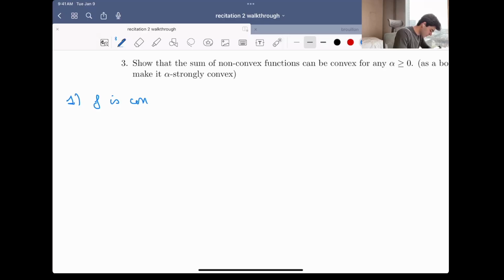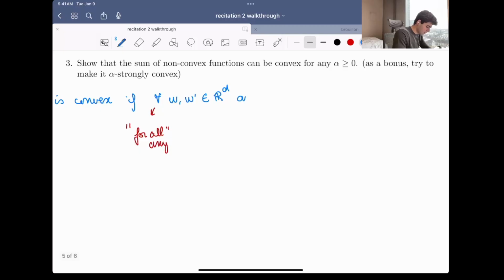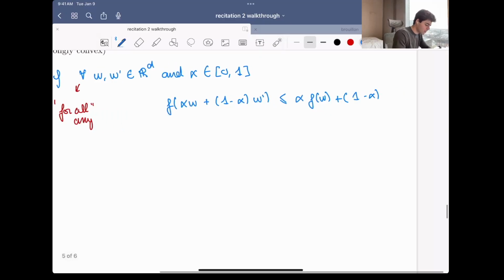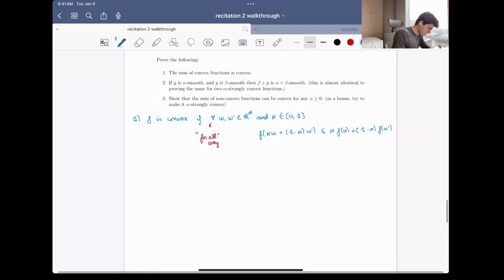F is convex if for all, so this is a fancy math way of saying for all or for any, W, W prime in RD, vectors in RD, and alpha belongs to 0, 1 inclusive, then the following statement holds: F of alpha W plus 1 minus alpha W prime is smaller than or equal to this. So this is the definition of convexity we're going to use.